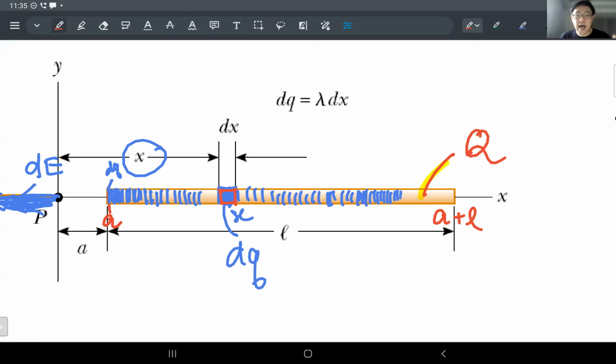But every time you slice, you also take up some space, dx as well. So there must be some relationship between x and q here. dq is contained inside the dx interval here. So what kind of linkage can get dq to dx?